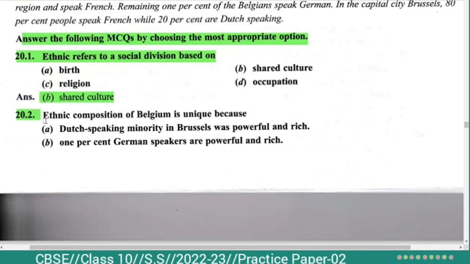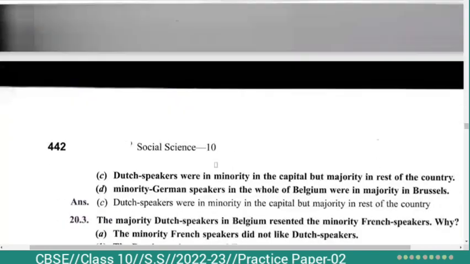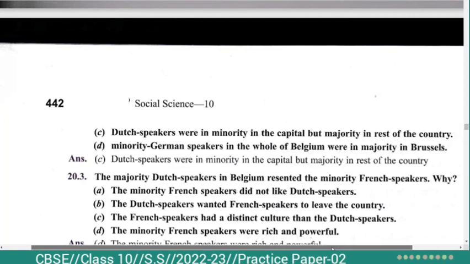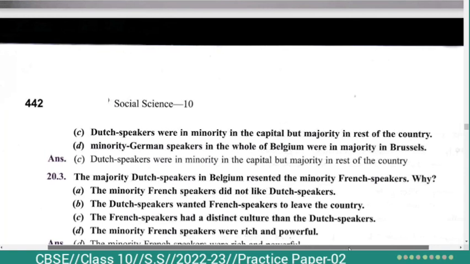Question number 20.2. Ethnic composition of Belgium is unique because option A, Dutch speaking minority in Brussels was powerful and rich. B, 1% German speakers are powerful and rich. C, Dutch speakers were in minority in the capital but majority in the rest of the country.